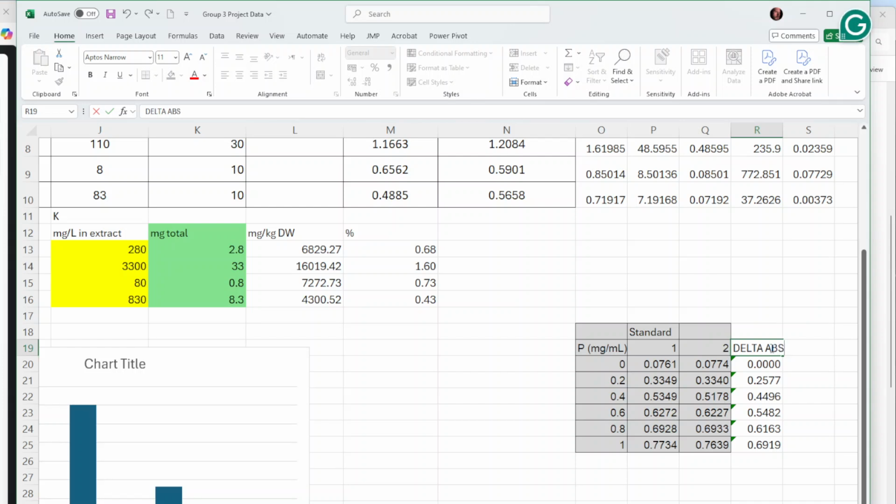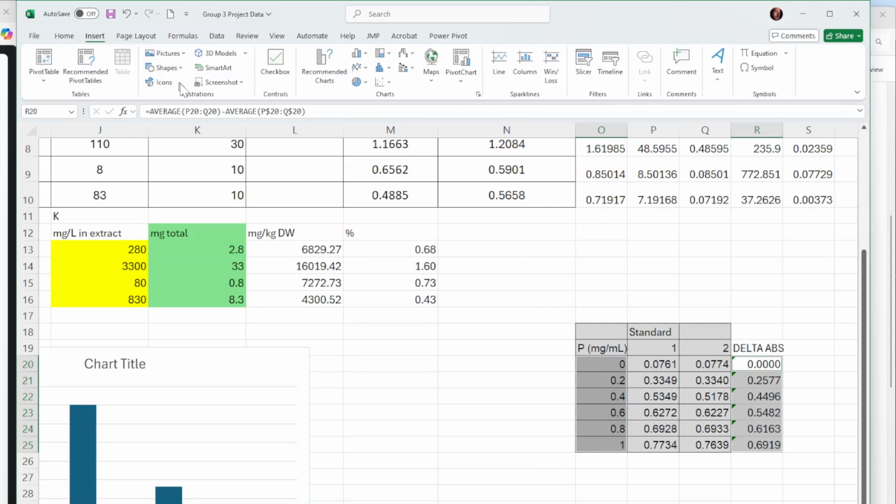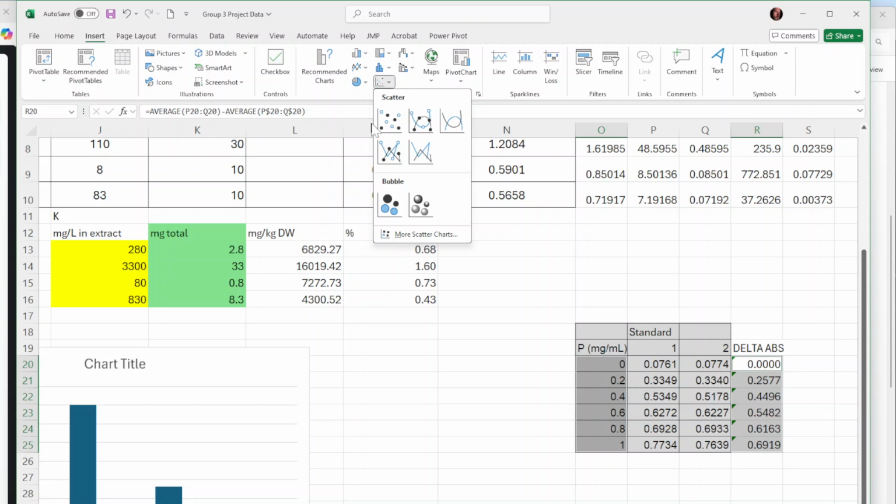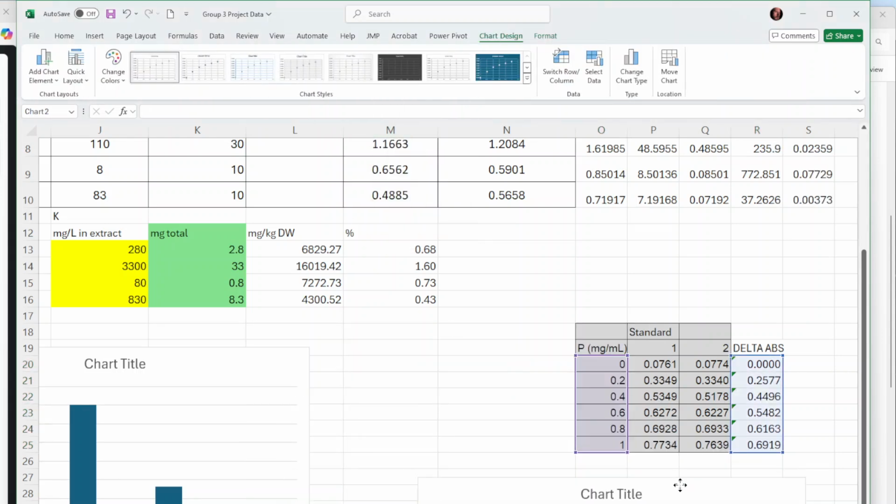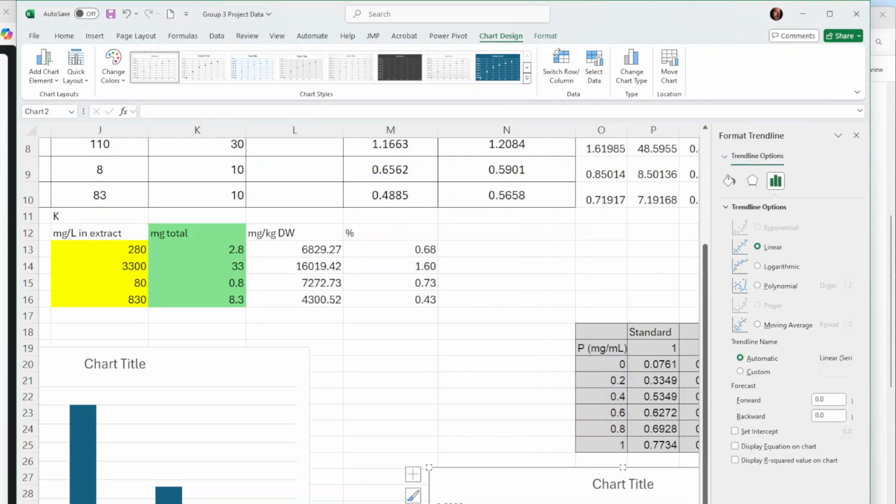What I'm going to do with this delta absorbance and the phosphorus concentration is plot them against each other. Insert, scatter chart, and you see the scatter. I will add a trend line, and I will set the intercept of the trend line to 0.